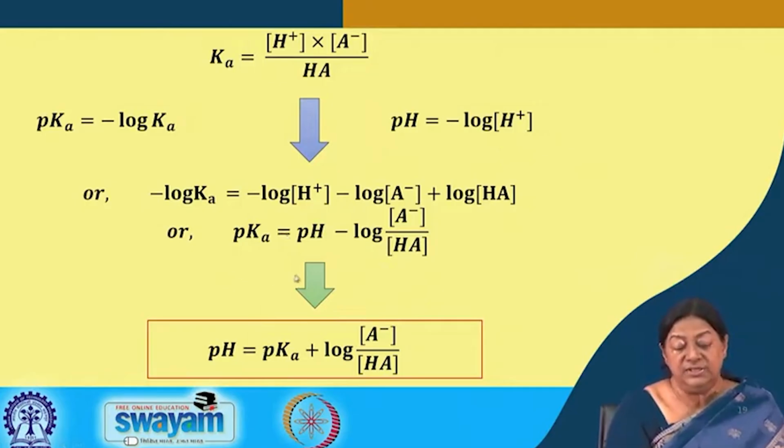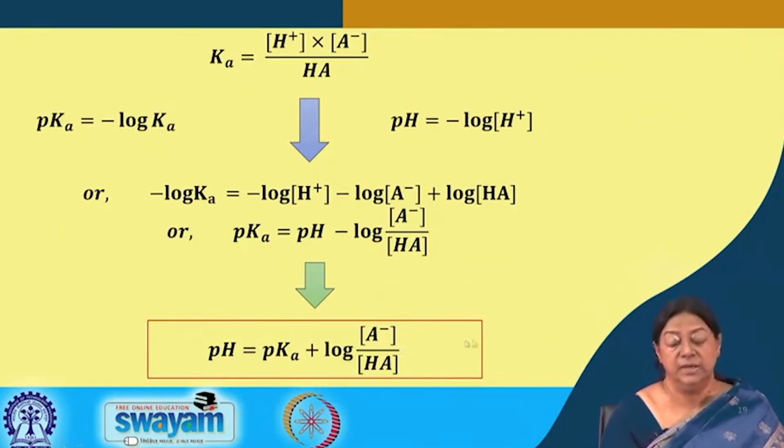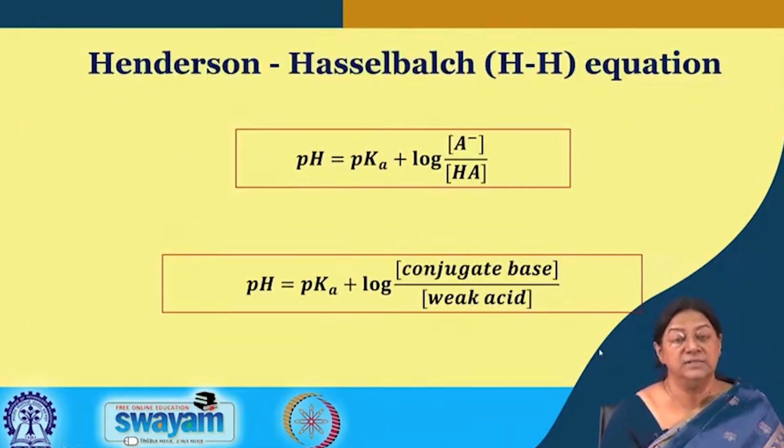We rearrange this to give us an equation that tells us that the pH is equal to the pKa plus the log of the ratio of the salt or the conjugate base concentration divided by the acid. Now, this is an extremely important relationship in our studies.